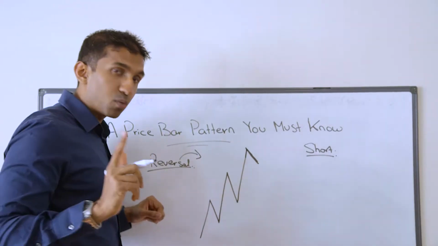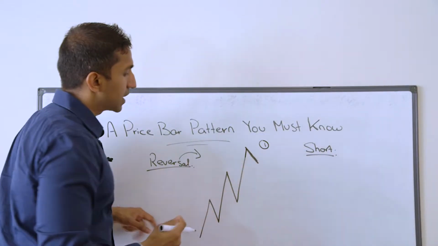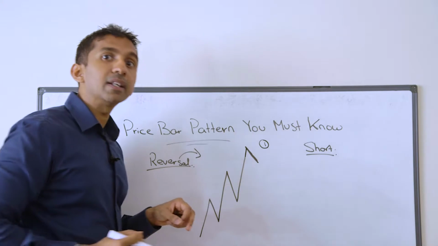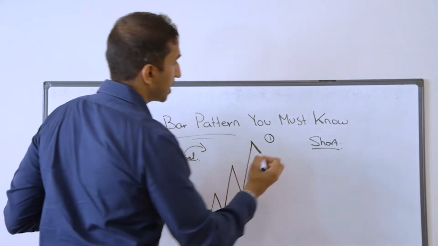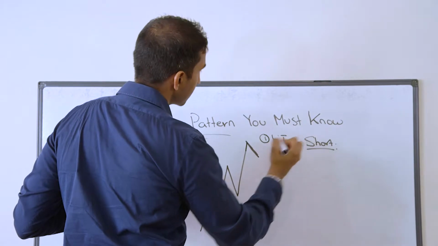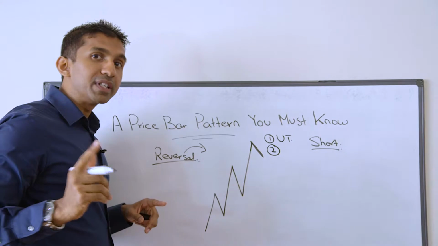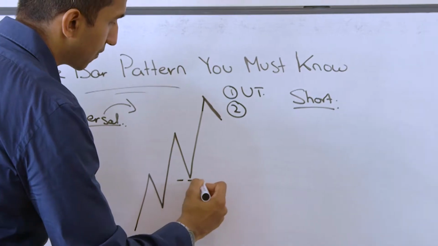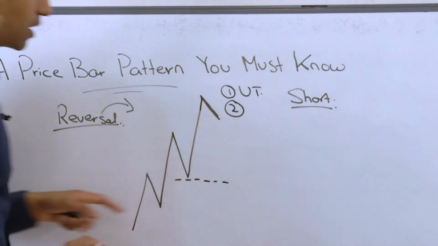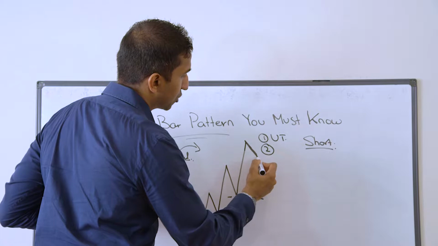Point number one: firstly, the market needs to be in an uptrend. That's the first point. The second thing we're looking for is for the most recent swing low, which is over here, to be taken out.